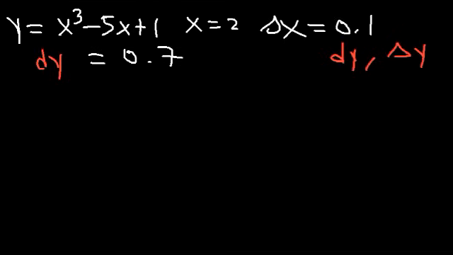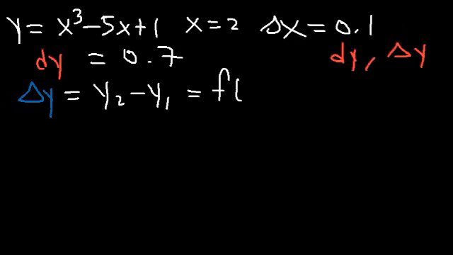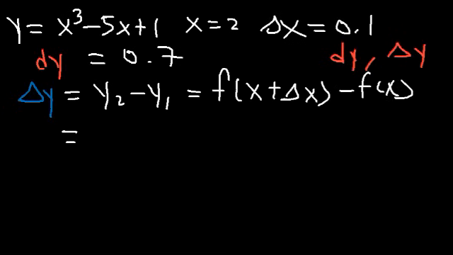So delta y is y2 minus y1, which is f of x plus delta x minus f of x. x is 2, delta x is 0.1.